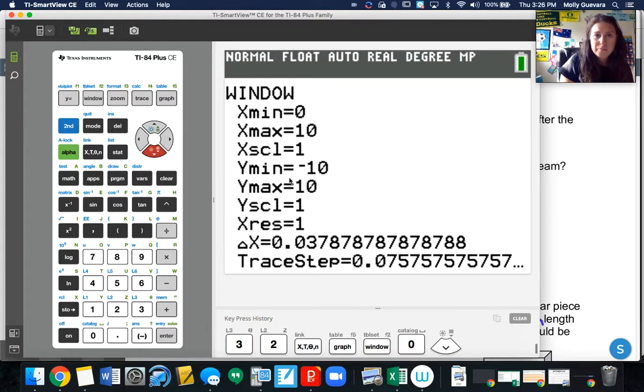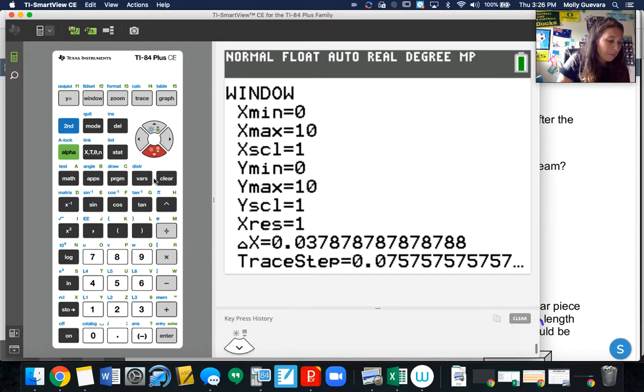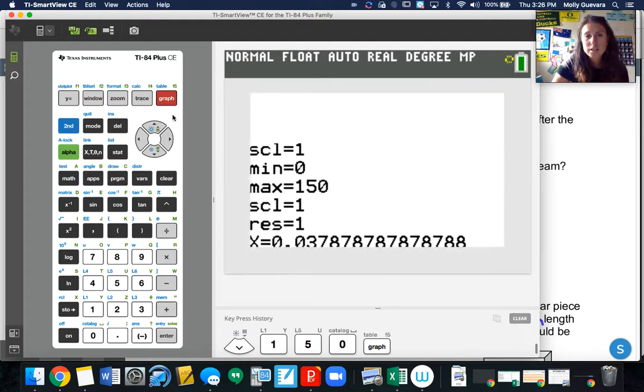And then my Y minimum, Y is the concentration of drugs in parts per million. So again, I don't care about negatives, so I'm going to make that 0. And then my Y maximum, let's just go 150, 200, something. We can always adjust it.